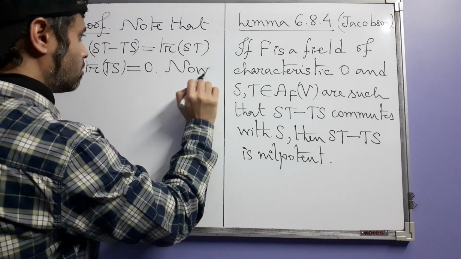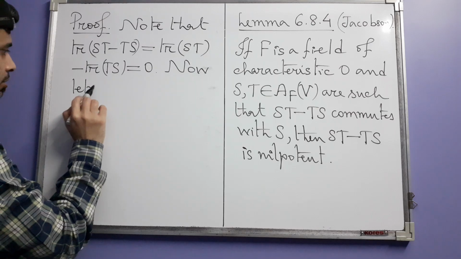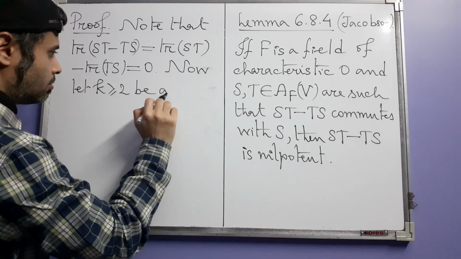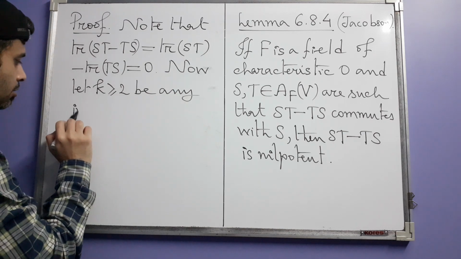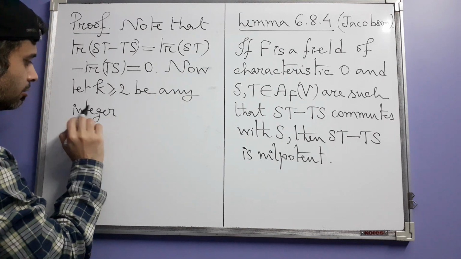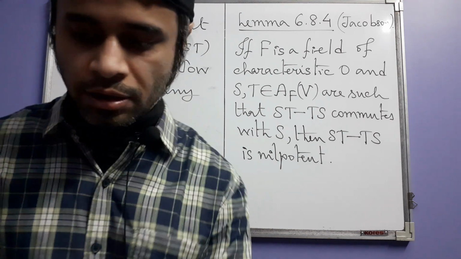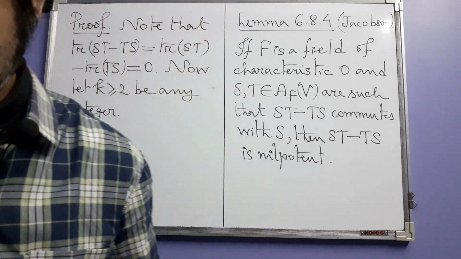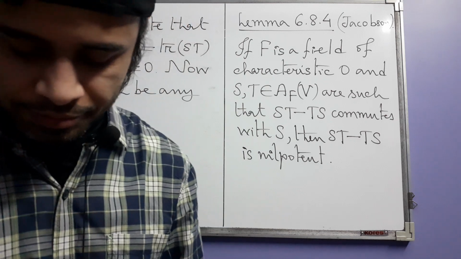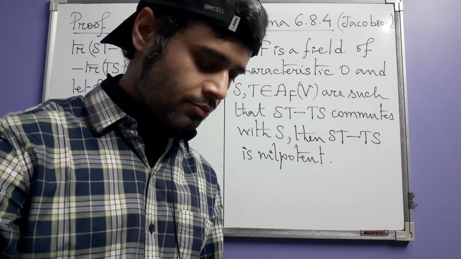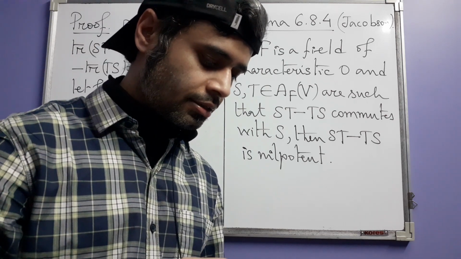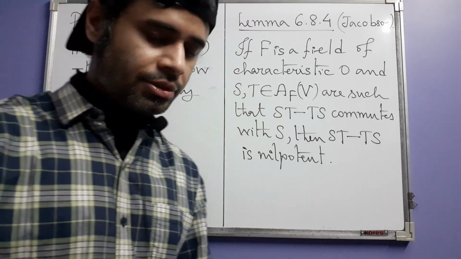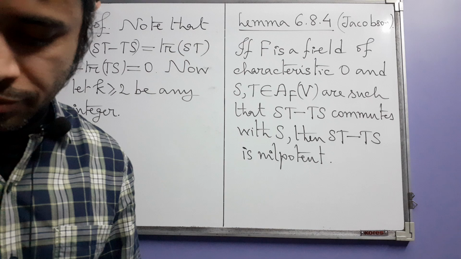Now let k greater than or equal to 2 be any integer. I need a little ink. Just give me a moment. So we are now going to consider the kth power of ST minus TS, and then we are going to calculate the trace of that kth power.